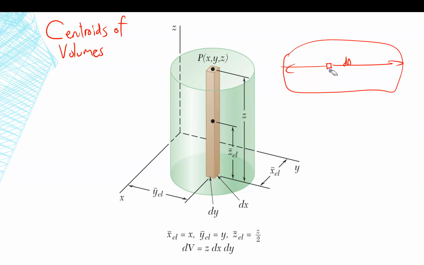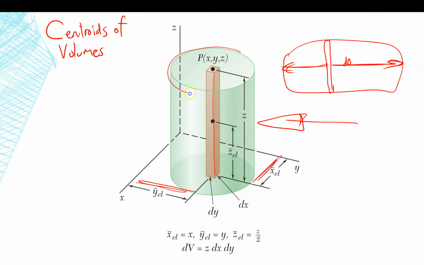So what we did was we changed our little elemental area to a strip that was the height of the object, and then we only had to integrate once, left to right. So when we have a volume like we see here with a cylinder, we do the same thing, use a strip, right? But then we're going to have to integrate still in two directions.